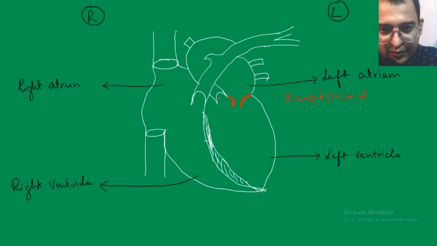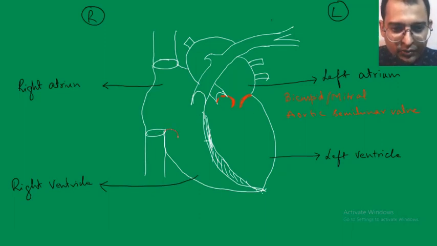The valve here we will show facing upwards, because blood is entering in this direction and then going upwards. The valves here are facing upwards, and the bicuspid or mitral valve is facing downwards. So this valve here will be known as the aortic semilunar valve. It is easy.